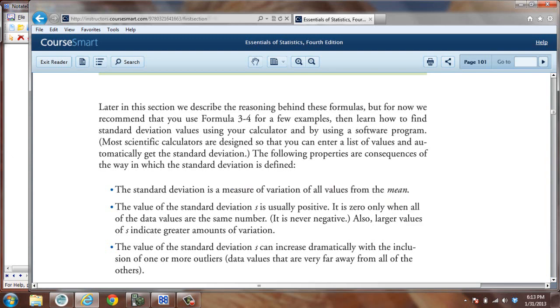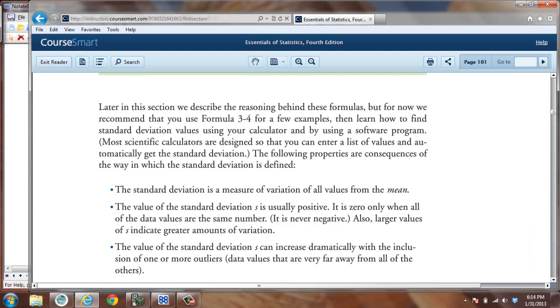That standard deviation is relative to the mean. Okay. The value of the standard deviation is positive usually. It's only 0 when all the data values are the same. It is never negative. If you get a negative standard deviation, that means you've done something wrong. You got to check your calculations or check what you punched into the calculator. Okay, or maybe you're looking at the wrong thing.